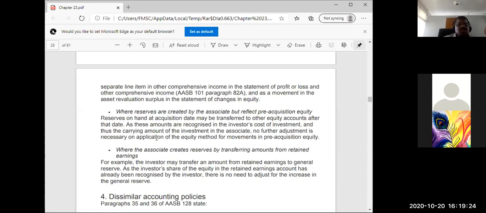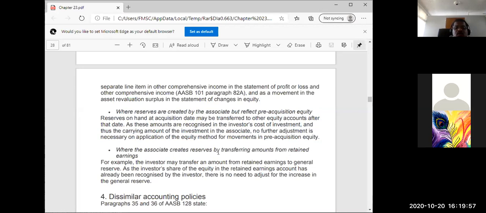No further adjustment is necessary on application of the equity method for movements in pre-acquisition equity. So when you invest in a business, all these pre-acquisition equity increases and decreases are considered, so they will be reflected in the investor's cost of investment, and no entry is required. You forget about this second category.